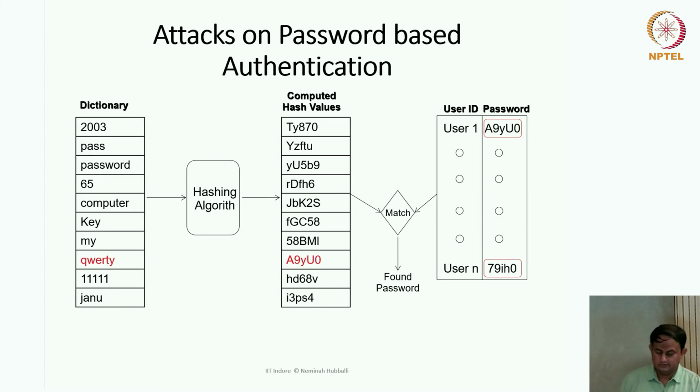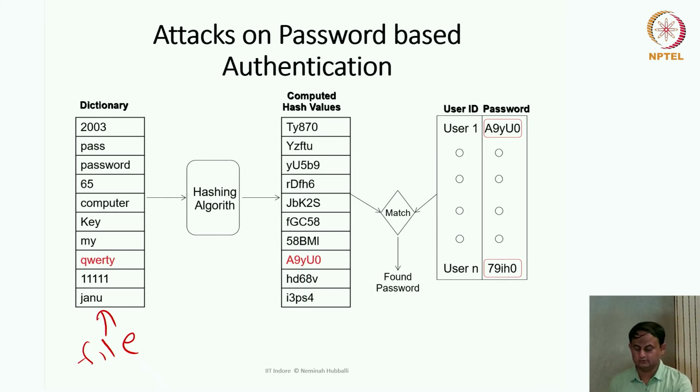So in the dictionary attack, what I have is a file. This file contains commonly used words or commonly used passwords. What are the likely passwords that are used in the system by any user? You compile that list and make it a file.